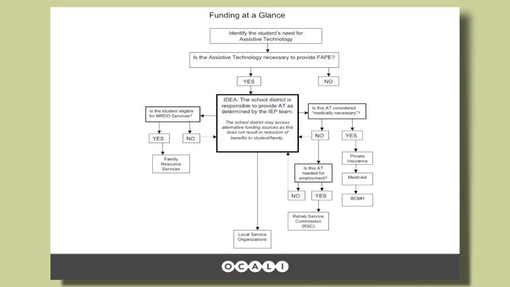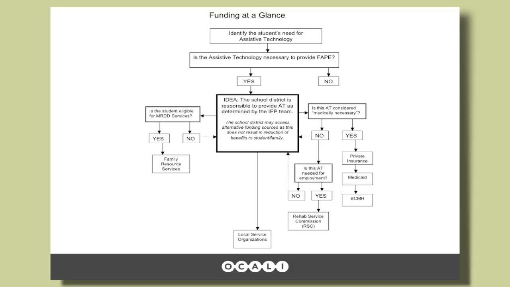If we're talking about the larger funding picture, school districts have that obligation to provide something, but they can also tap into other resources. So if they want to first try looking at other types of private funding sources, they can check into those. Families can do that as well. Families may have private insurance that they prefer to use.